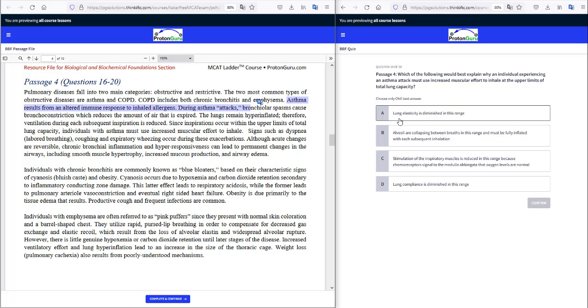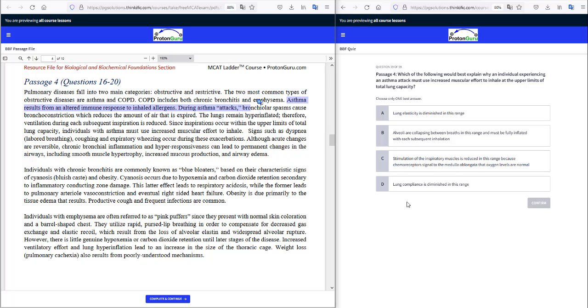Lung elasticity is diminished in this range. Alveoli are collapsing between breaths in this range and must be fully inflated with each subsequent inhalation. Stimulation of the inspiratory muscles is reduced in this range because chemoreceptors signal to the medulla oblongata that oxygen levels are normal.